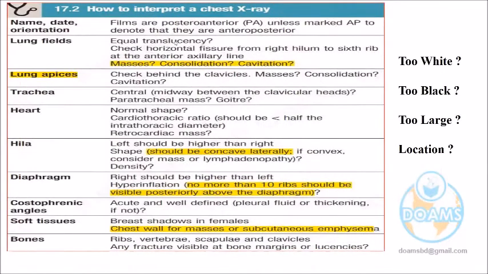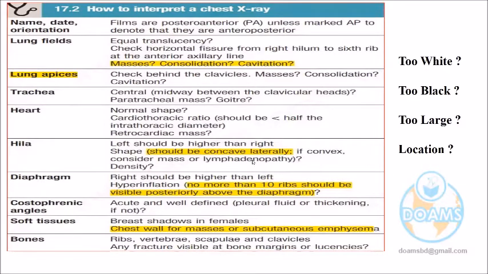This is a chart taken from the book How to Interpret a Chest X-ray. You will read it by yourself. I just highlighted some very important areas. In the lung fields, look for any masses, consolidation or cavitation. The lung apex is also important, behind the clavicle. If you come to the hilar area, the hila should be concave laterally.